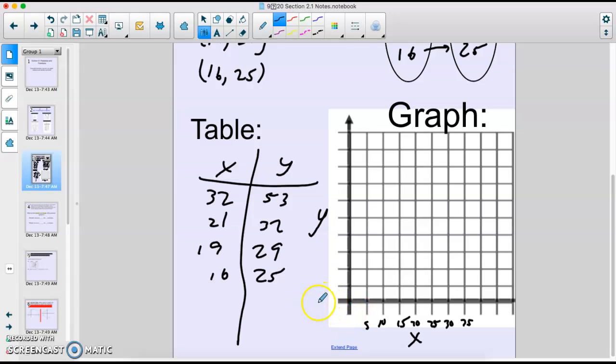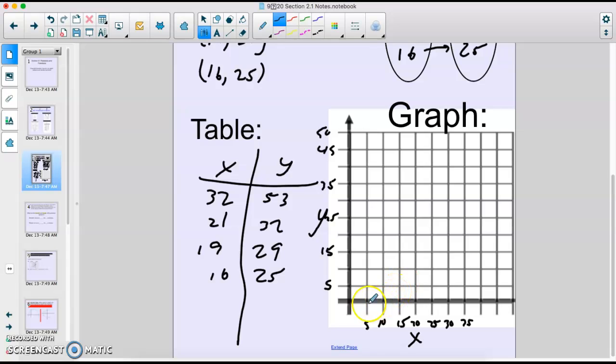In our y direction, we need to have 53 representatives, so we'll go maybe by tens. No, we'll go by fives: 5, 15, 25, 35, 45. We're going to be slightly off the graph here because we would end at 50.